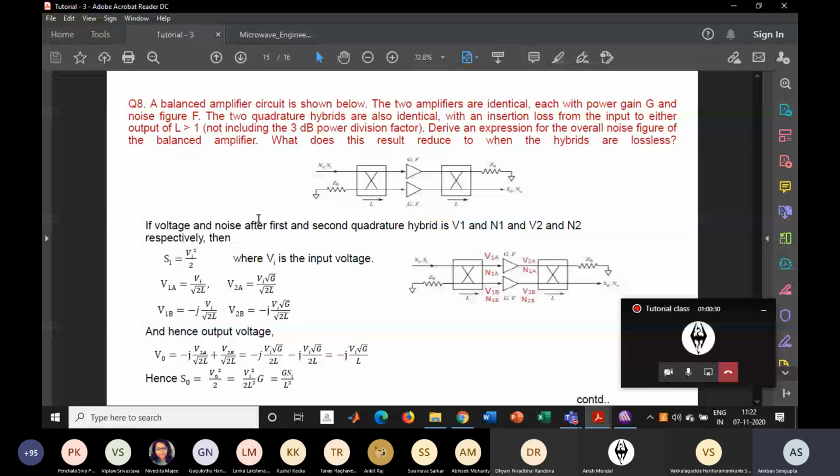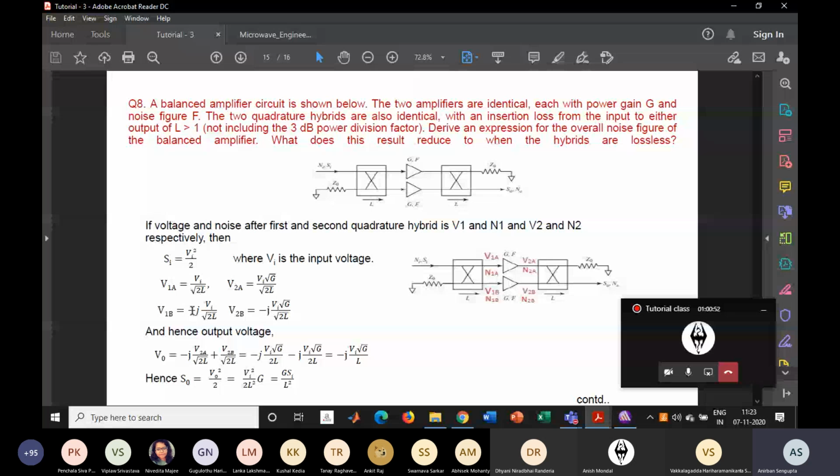So at the through port, that will be Vi by root 2L, and at the other coupled port, that will be V1B, which is minus jVi by root 2L, because these two ports are in 90-degree phase quadrature. So that's why this minus j term pops up here.